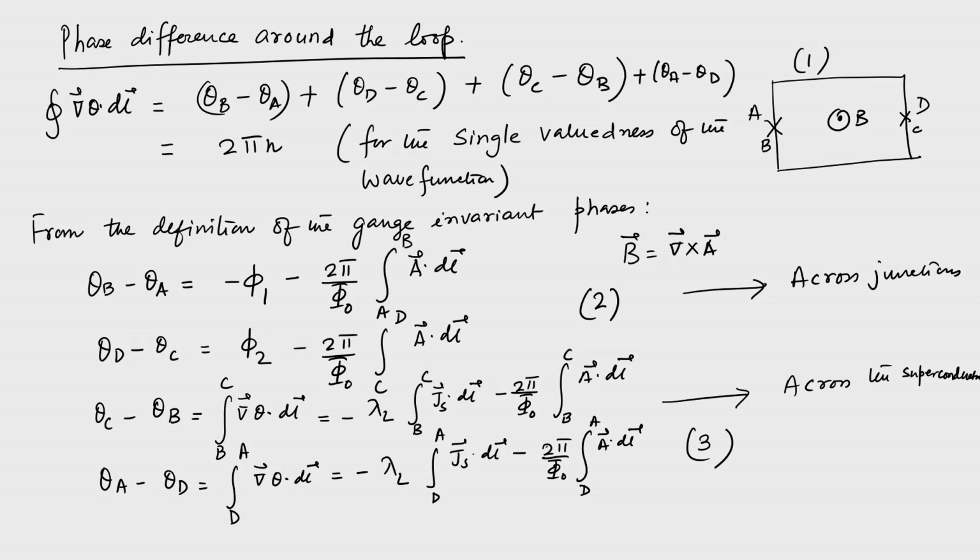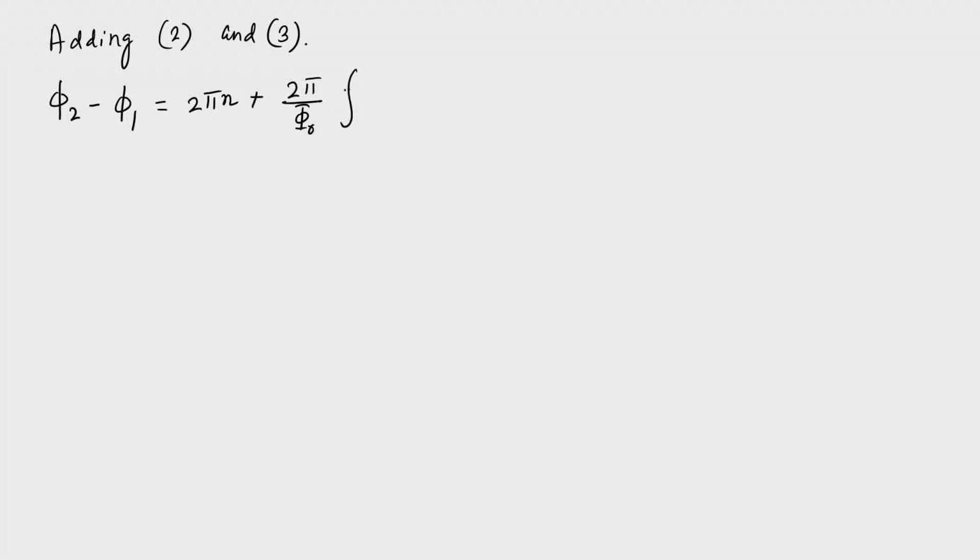we will be able to write, adding 2 and 3, phi 2 minus phi 1 equal to 2 pi n plus 2 pi over phi 0 times the closed integral of A dot dl, plus lambda L times the integral from b to c of Js dot dl plus lambda L times the integral from d to a of Js dot dl.